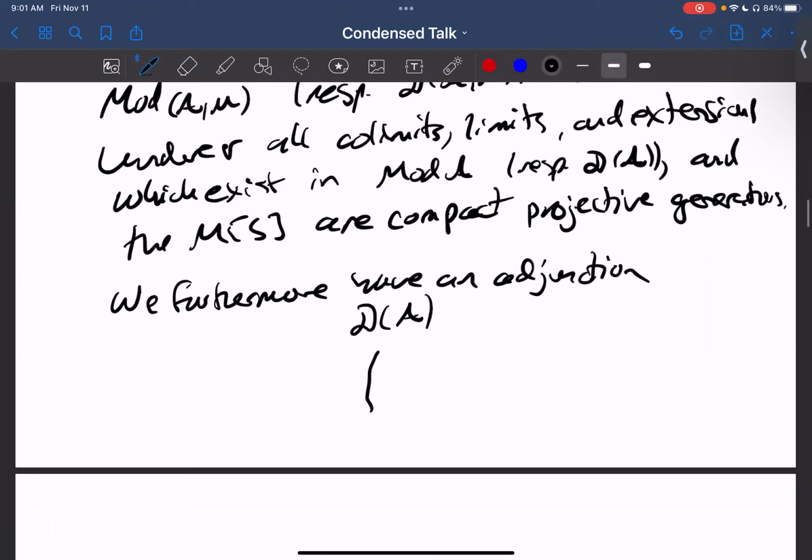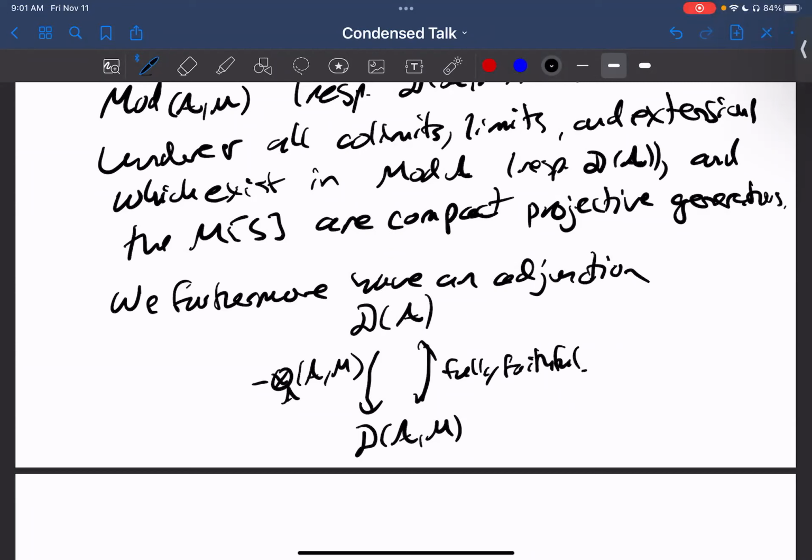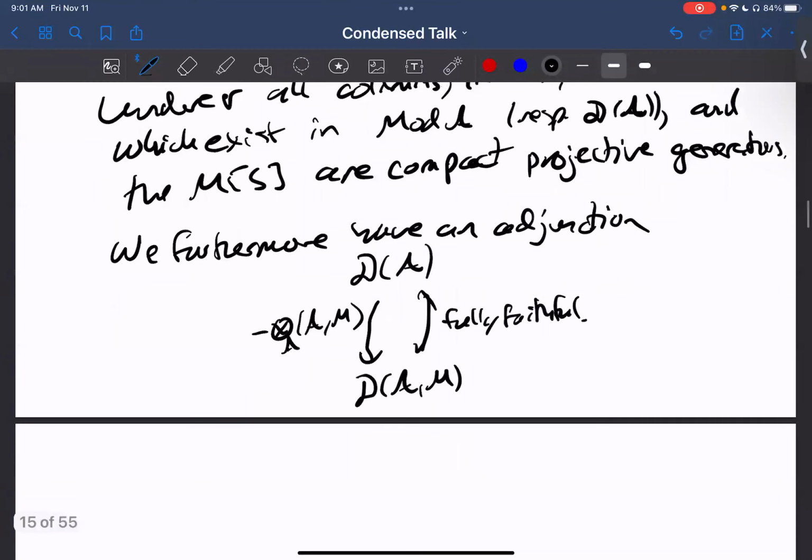So we have here what we're going to call tensoring over A with A M. And here we have a fully faithful inclusion. So if you know localizations of categories, the right adjoint being fully faithful means the left adjoint is a localization. So what we're saying is that this down here is precisely a localization of the above category, which we might consider as completing with respect to the measures above.